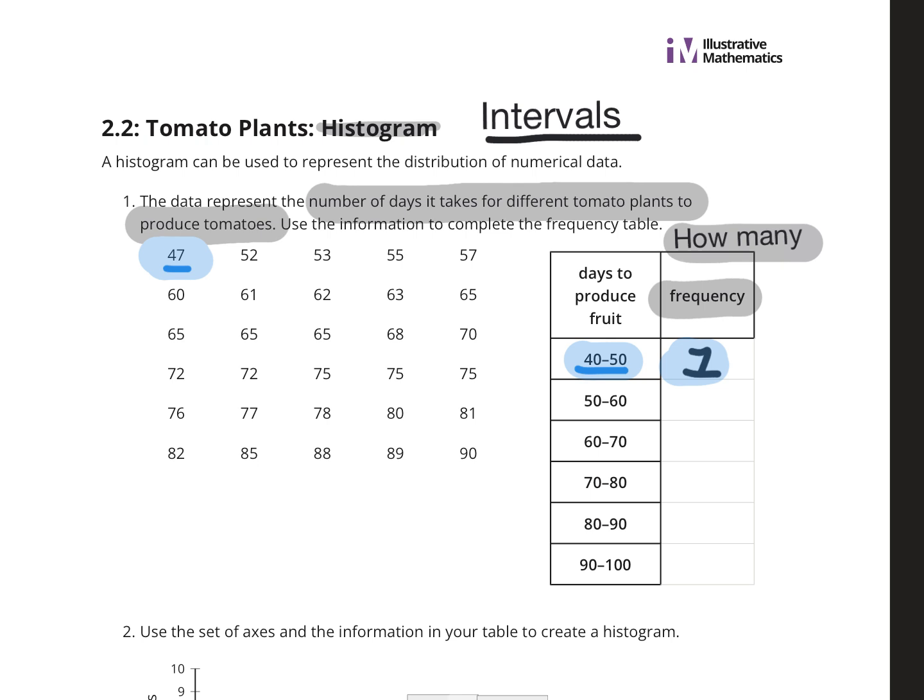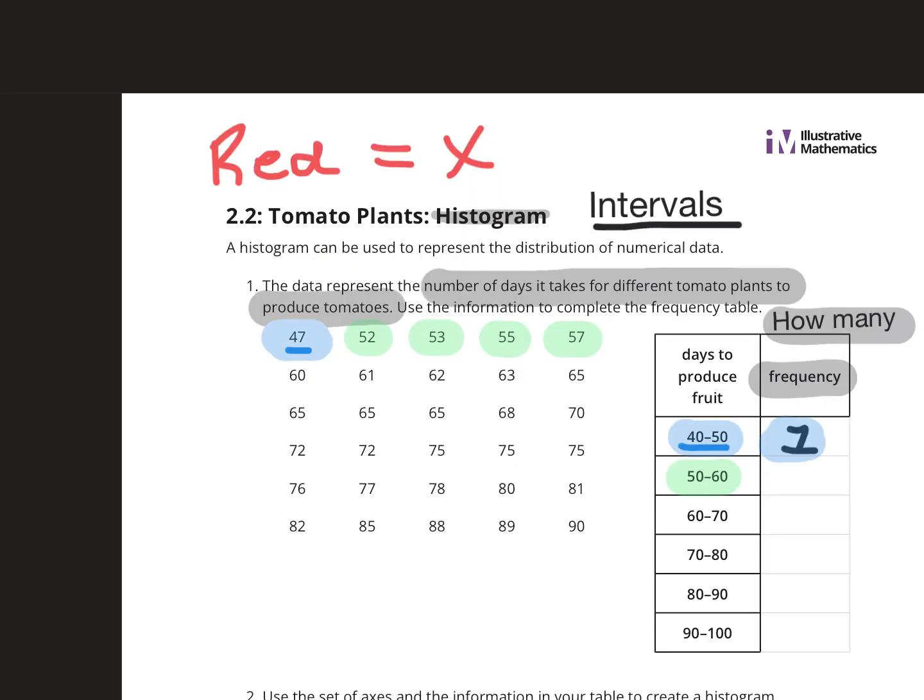Now I'm going to grab my green highlighter and determine how many plants took between 50 and 60 days. You can see that I have these right here that clearly fall between 50 and 60. Now, you're going to learn over this school year in my class that if I write anything in red, that means it is wrong.